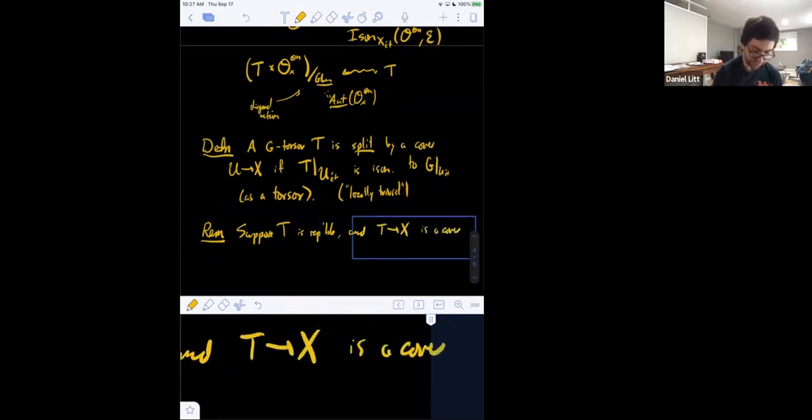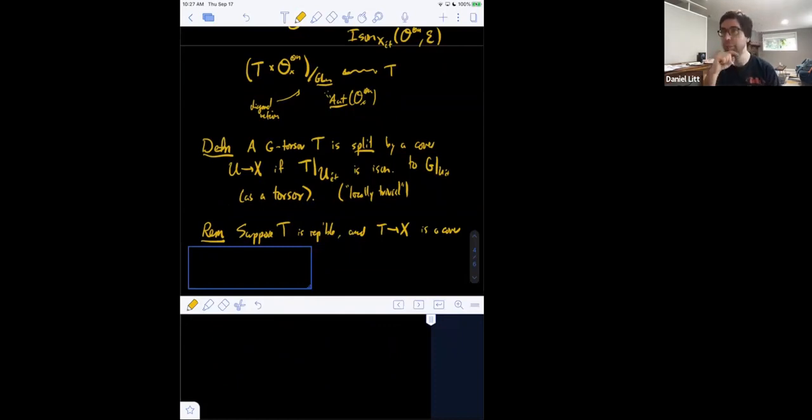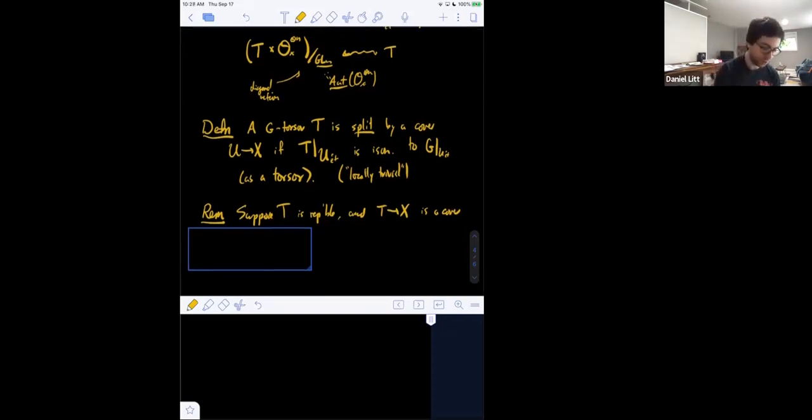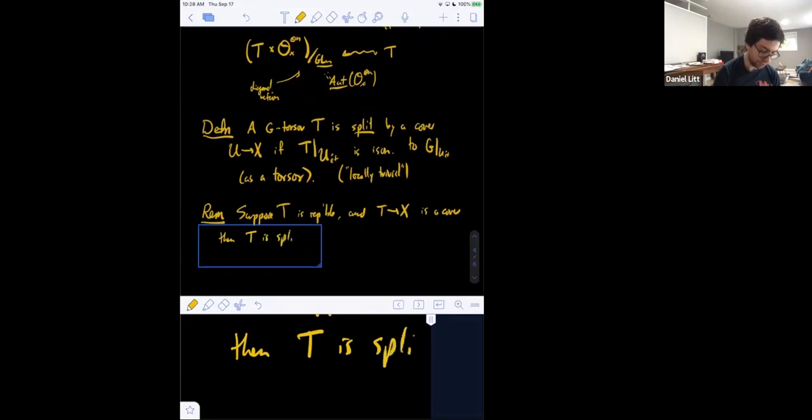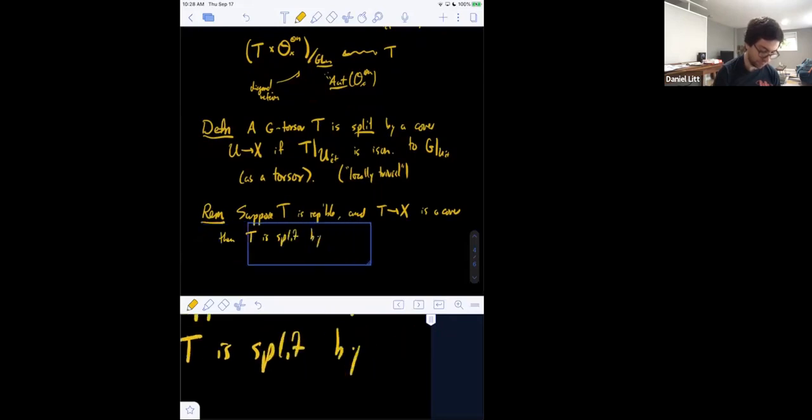This now makes sense in any site. I've been defining things in the Etale site, but everything I've written makes complete sense if you replace all those Etales with FPPFs. Then T is split by T. That follows from the remark from earlier, that if you base change T to itself, you get the trivial torsor.